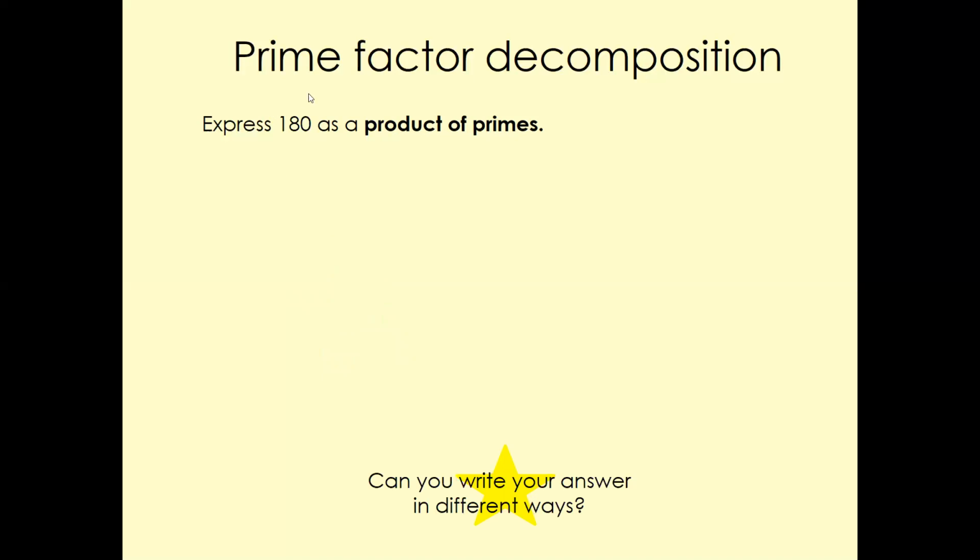Right, next example is 180. We'll express 180 as a product of prime numbers. We're going to use the same rule again. Try with 2 first. Try with 2 again. Try with 2 again. If not, try with 3, and 3 again.